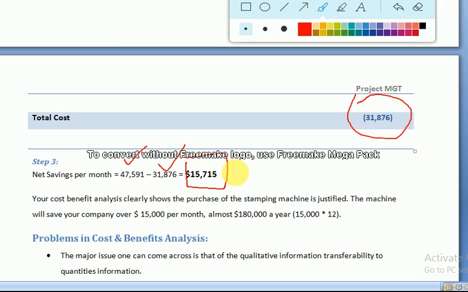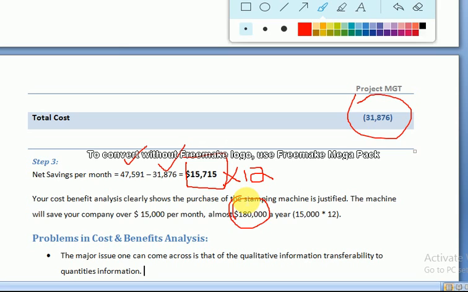Now this multiplied by 12, we will say that in 12 months, in 1 year, how much this will benefit. So 15,715 multiplied by 12 is equal to near about 1,80,000. It means that if we replace this machinery, per year 1,80,000 our savings will be increased.